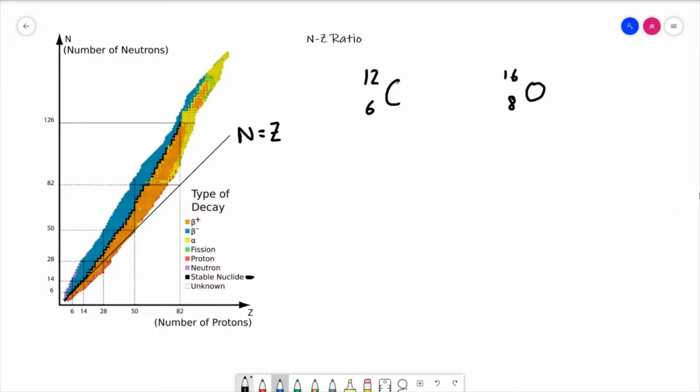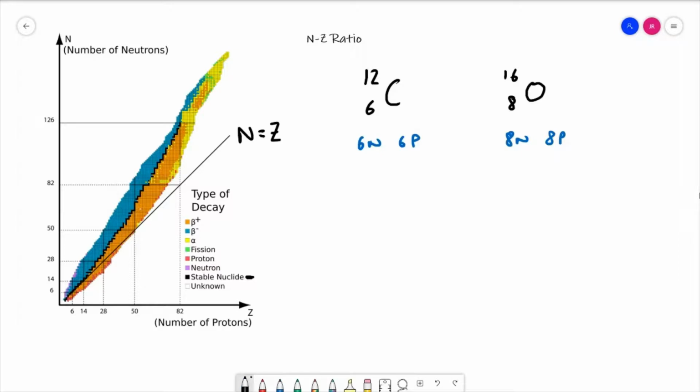You'll notice though that for both of these stable nuclei we have exactly N is equal to Z. In carbon 12 we have 6 neutrons and 6 protons, and in oxygen 16, we have 8 neutrons and 8 protons. So N is equal to Z for both of those stable nuclei, and they are quite near the bottom end of our NZ graph.